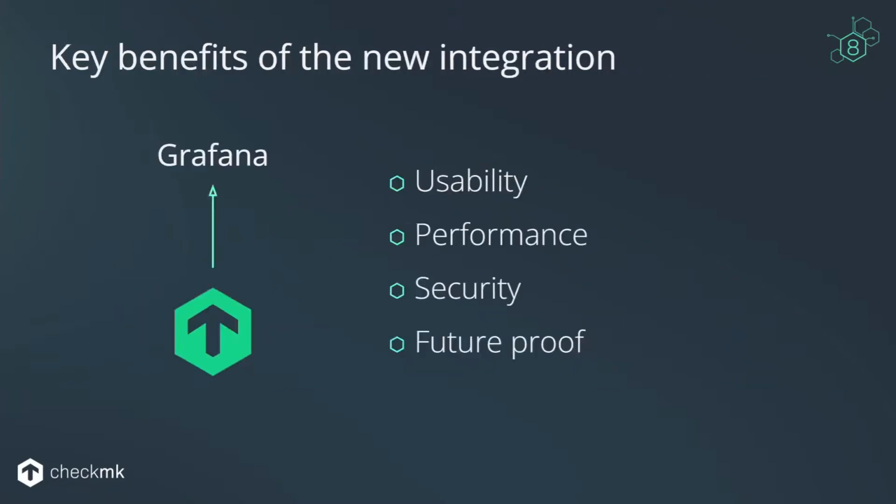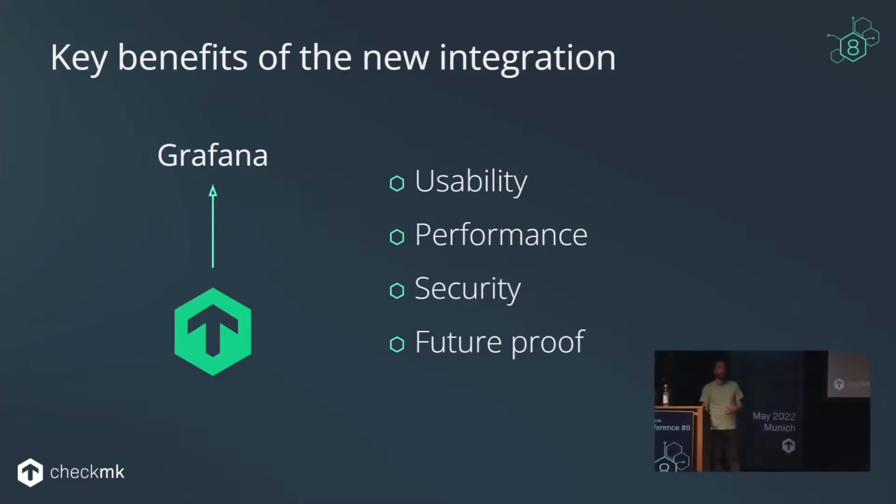And for Checkmk, we developed, as Jan spoiled yesterday already, a couple of years ago, a connector to work with Grafana and to access data in Checkmk live, because duplicating data is bad, right? And by doing that, we made a lot of experiences and we learned a lot over the last years how this connector is working, what works good, what is not so good, where should we change a little thing and tweak a little. And the main things that we cared about is first, of course, the usability. We learned a lot about that. We cared about the performance that is particularly connected and related to the usability.